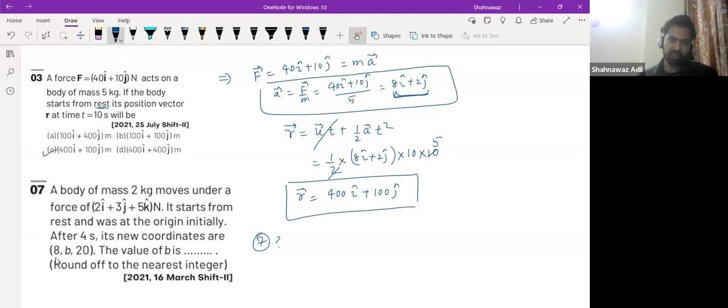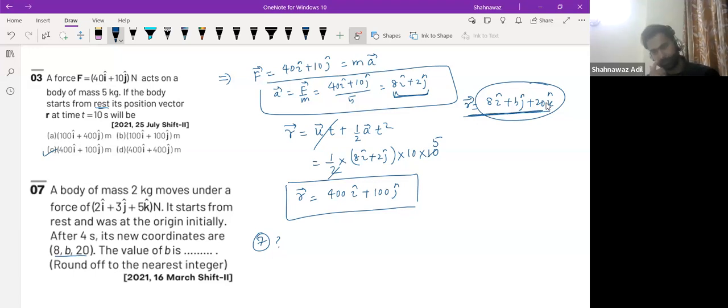The position vector of this coordinate would be what? 8I plus bj plus 20k. So from coordinates, we can always write the vector. So this is the position vector. Do this problem and tell me what is the answer that you guys are getting.